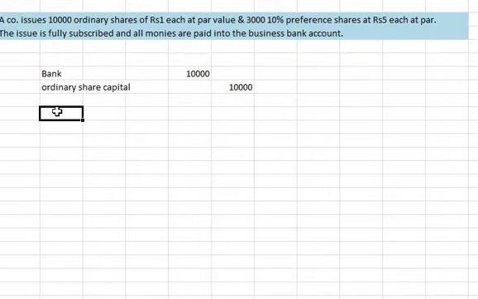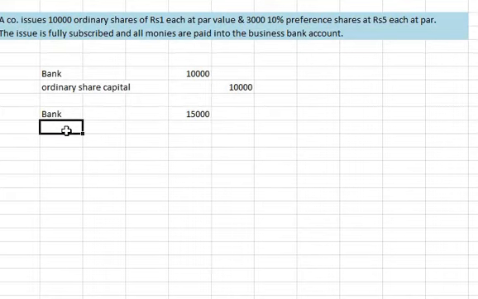Now we can look at the second case. Our second case is preference shares. We have to record the issue of 10% preference shares. Here also, as the amount is received into your bank account, we debit your bank account. Here we have 3,000 shares at rupees 5. 3,000 into 5, that is 15,000.